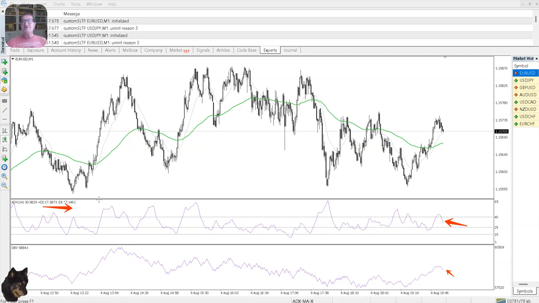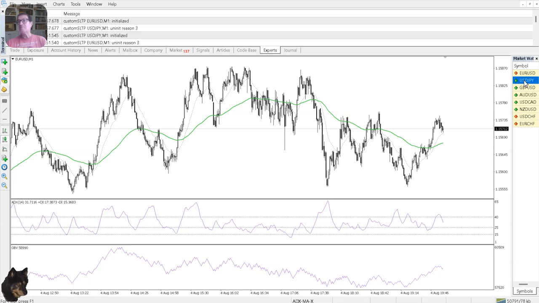That tells me the trend is right now just flat, not going anywhere. And sure enough, when I look at my 100 EMA, it is flat. On top of it, price is turning down. As far as I'm concerned, this is absolutely no position to be had here. And let's just move on to the next pair.